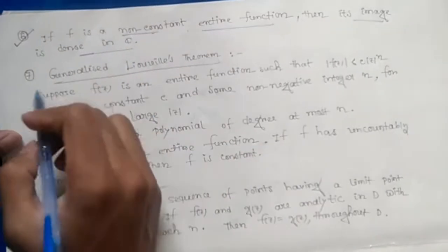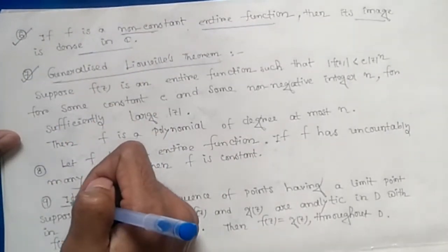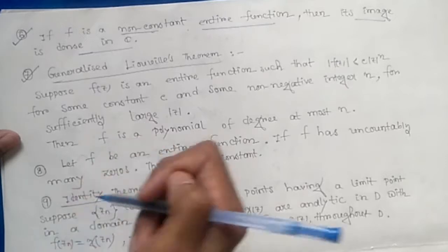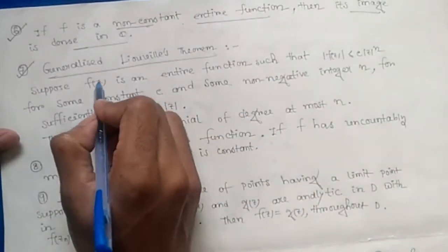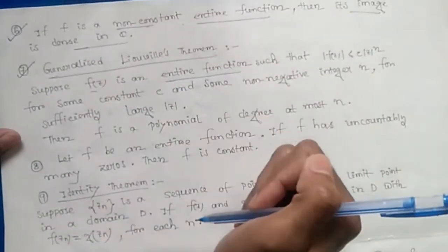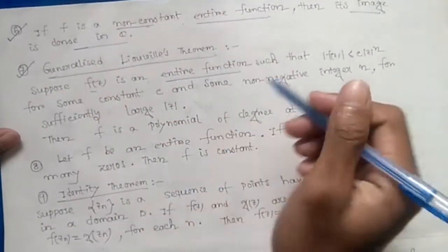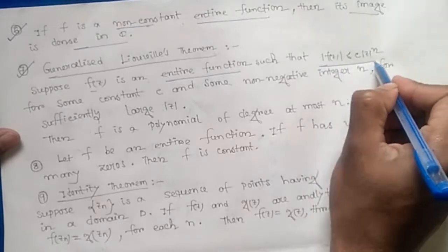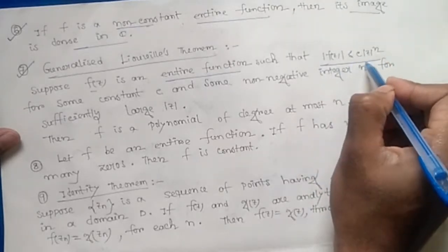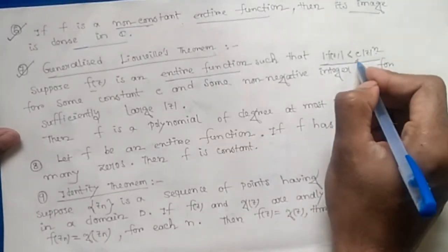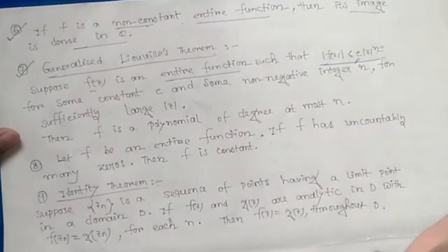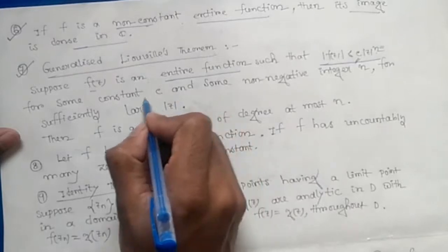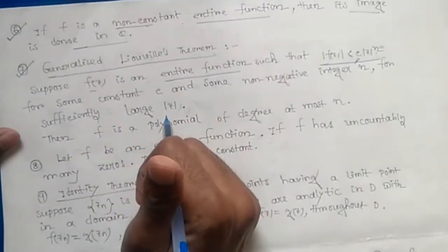Now number 7, the generalized Liouville's theorem. This is also important. Suppose f(z) is an entire function with mod f(z) less than or equal to C mod z to the power n, where C is a constant and n is a non-negative integer, for sufficiently large mod z.